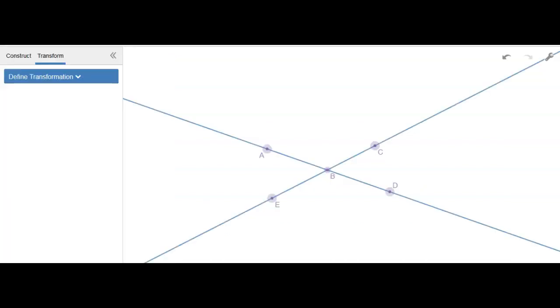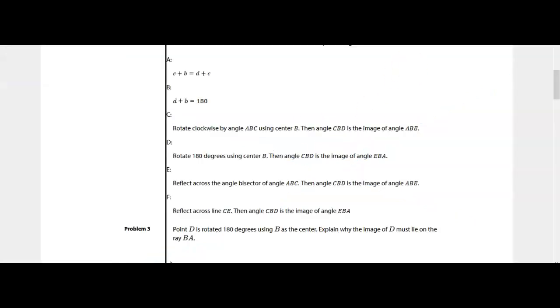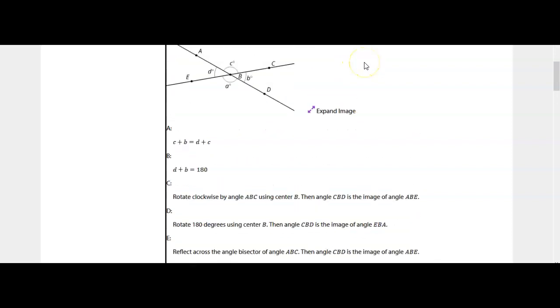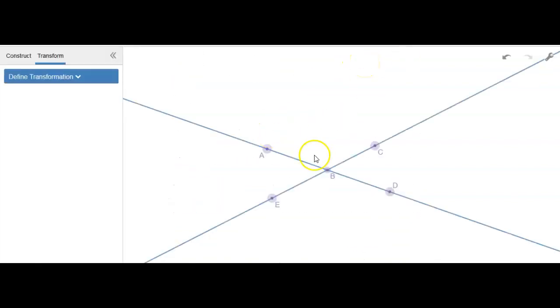So for the first one, it's saying that C plus B, so the angle C, this angle right here, and angle B, which is this angle right here, these two angles are equal to this angle over here and this angle right here.